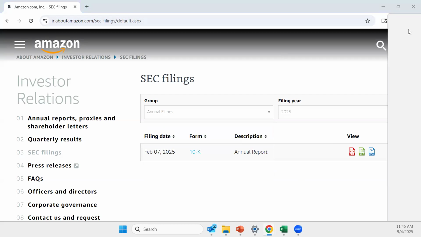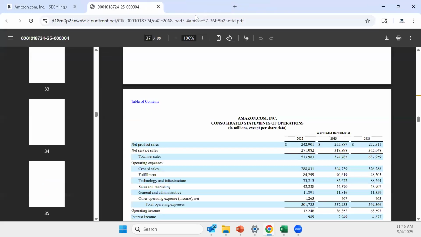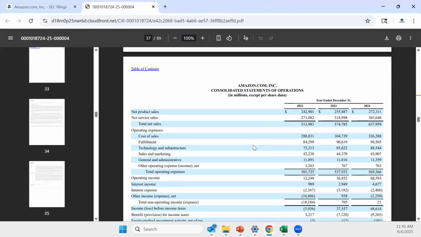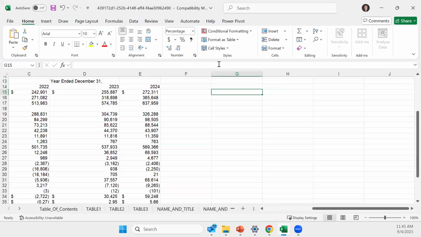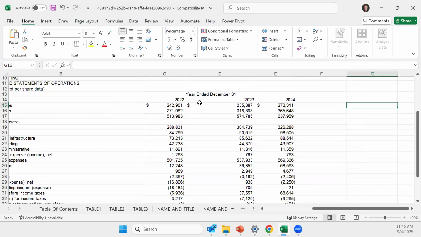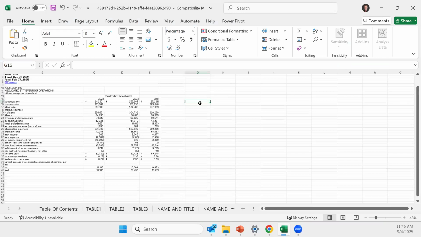So this is Amazon's income statement. And then they also have Excel versions of each of these as well. So if you download the Excel ones, you can have an Excel of all the tables, and it makes it a lot easier to do this kind of analysis.